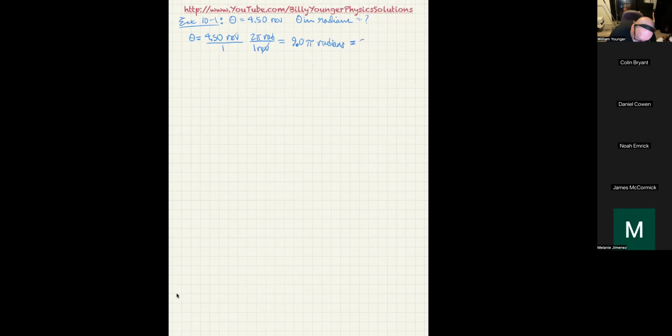And that gives me about 28, and we had three sig figs, so it's 28.2, and I'll give one extra sig fig, which is a 7, and that's radians. So this is the answer. It's either 9.0 pi radians or it's 28.27 radians. Anybody have any questions on that?